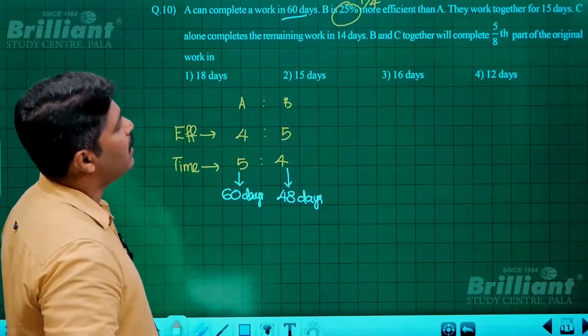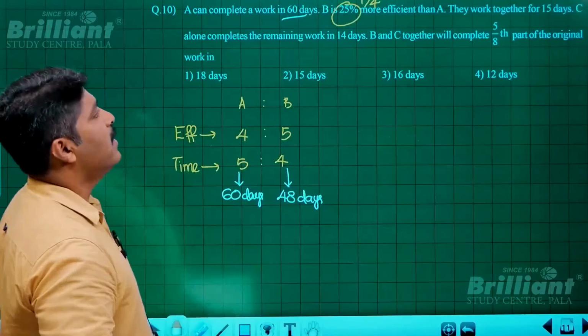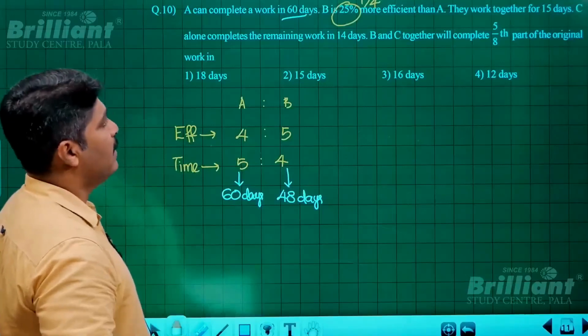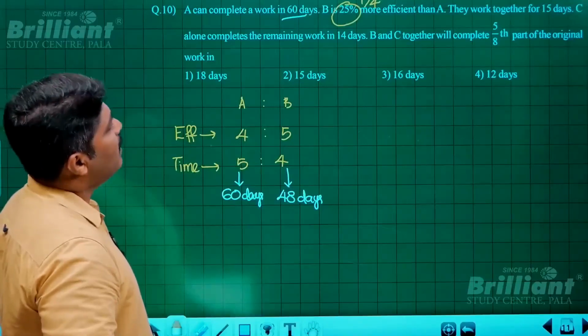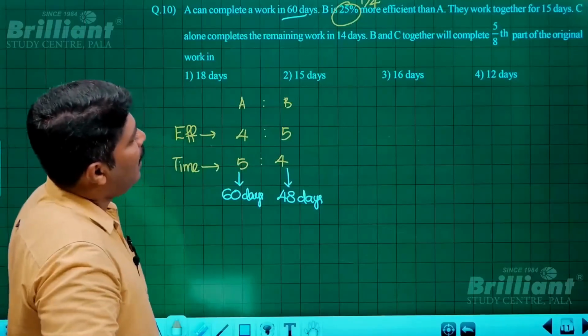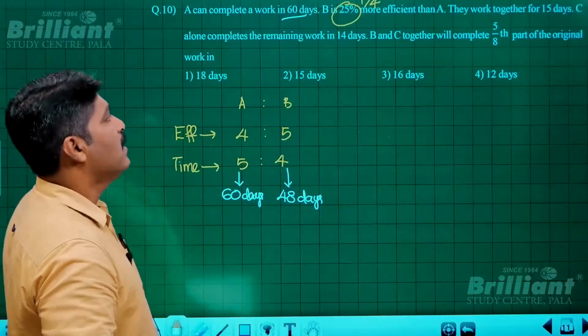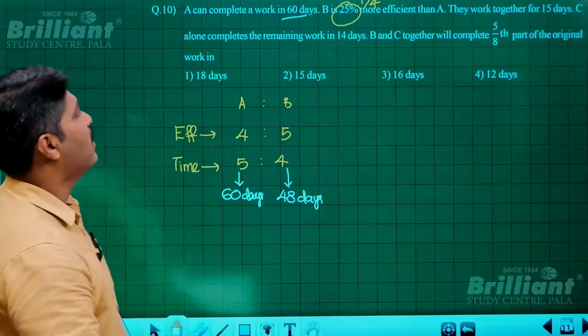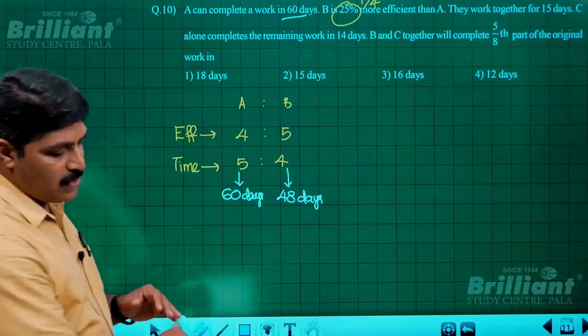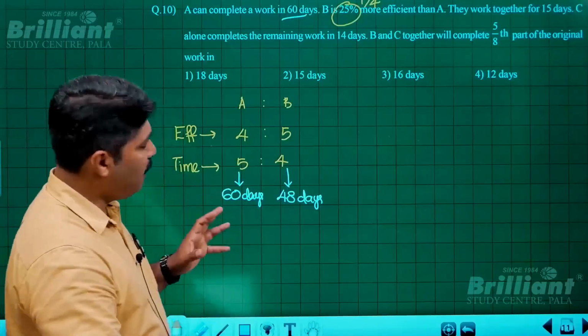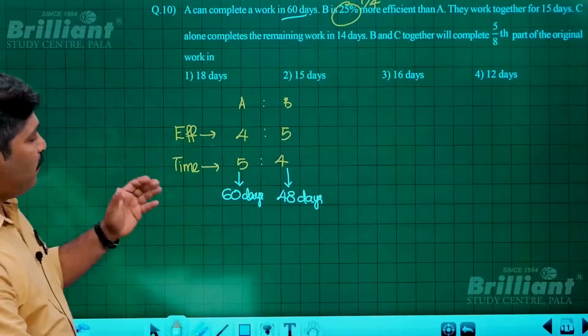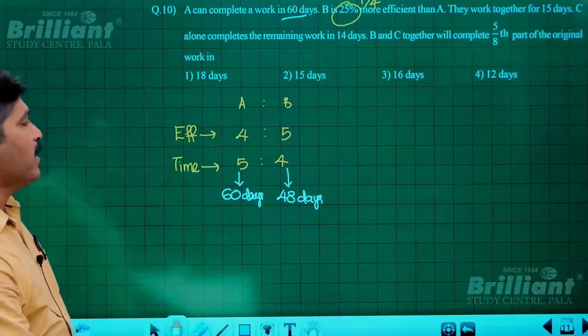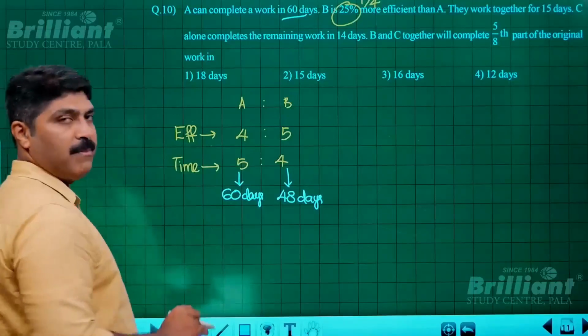Then we have to consider the next statement. They work together for 15 days. C alone completes the remaining work in 14 days. Then B and C together will complete 5/8 of the work. So if we consider the efficiencies in that manner, first we illustrate this with the help of the LCM model.